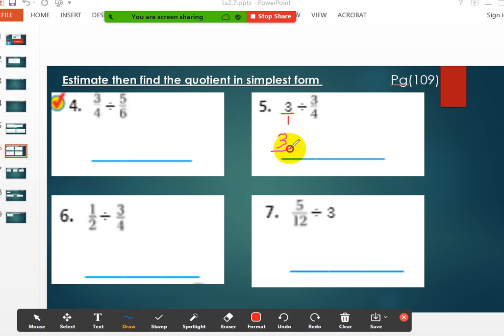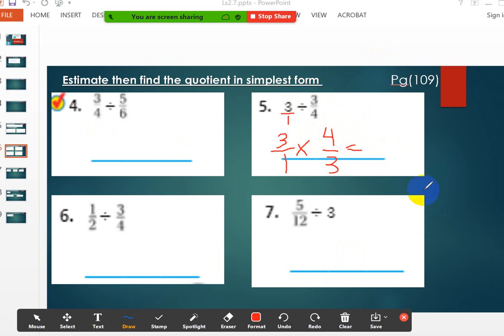Okay, as we said, we will convert the division to multiplication. But what do we have to do with the divisor? Turn it upside down. Very good. It will be 4 over 3, right? Yes. Very good. So I will write the inverse of this number. That means the denominator will become the numerator, 4, and the numerator will become the denominator. Then I will find the answer.